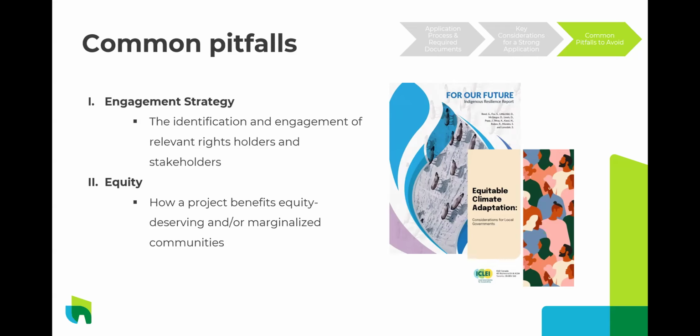Projects should not only identify these groups in their community, but also incorporate targeted strategies to address their specific needs and vulnerabilities in the context of climate adaptation. What we saw in the last round of funding was projects claiming benefits for an entire population, community or municipality, which misses the point of equity considerations, because it's certain populations that need that additional support that you're considering in your project.